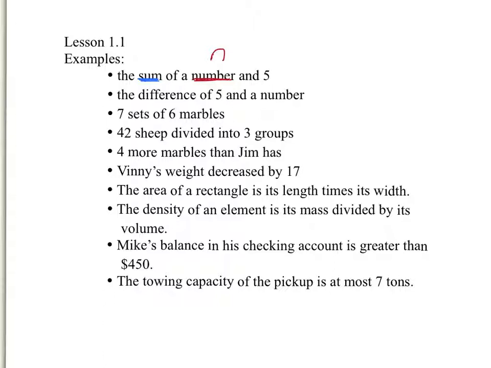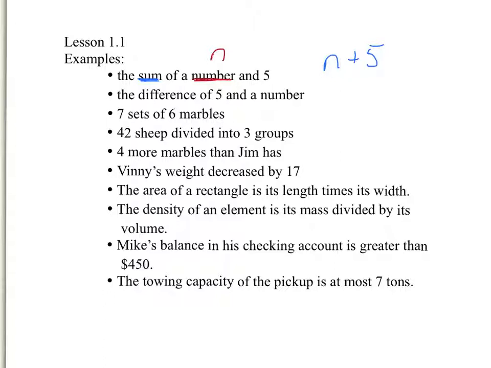So we would just write n plus 5. And you write those down in the order that they're read. That is not one of the exceptions. The exceptions were less than, more than, added to, or subtracted from. So that wasn't in the wording, so this isn't an exception. You just write it in the order you did it.